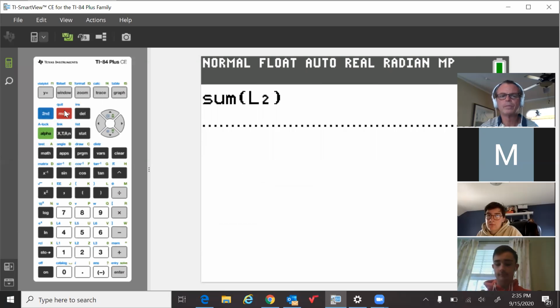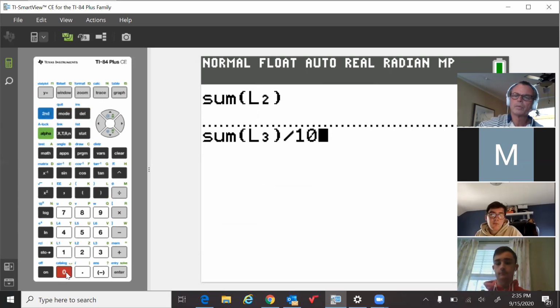Second quit, second enter, I'm going to do the sum of list 3, and I'm going to divide it by 10, because there were 11 entries in the data set.